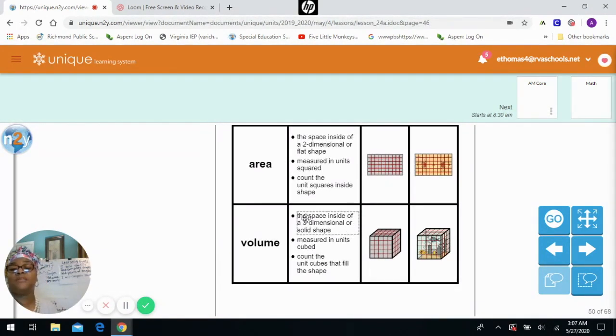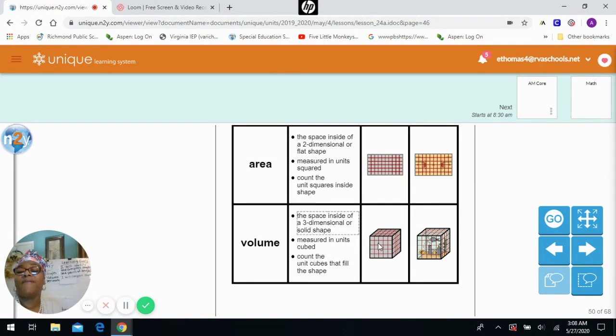The volume is the space inside of a three-dimensional or solid shape. That's from side to side, top to bottom. So if you were in a room, you measure everything, top to bottom, side to side. That's to give you the idea. That's not how you really do it, that's to give you an idea.